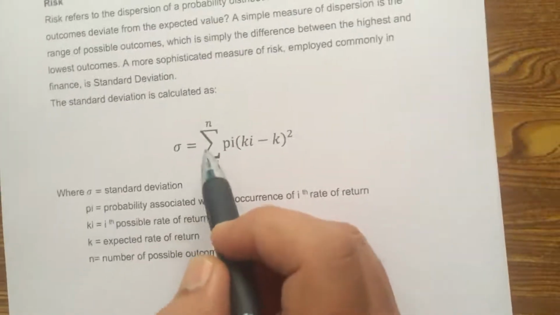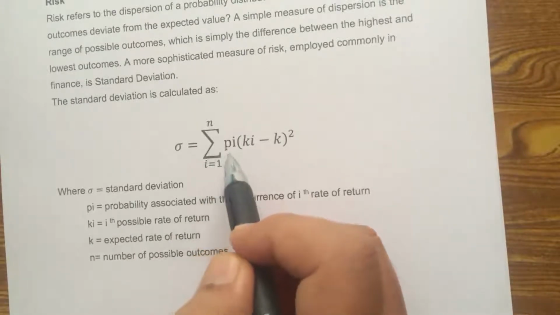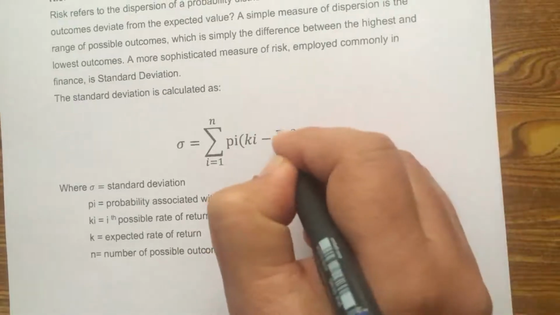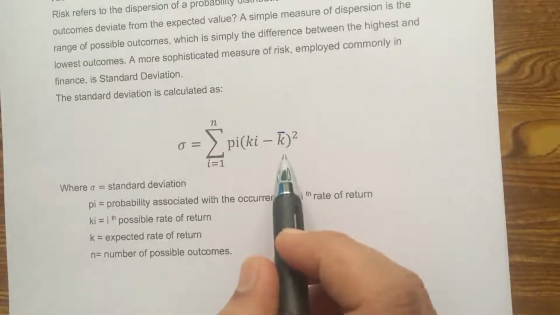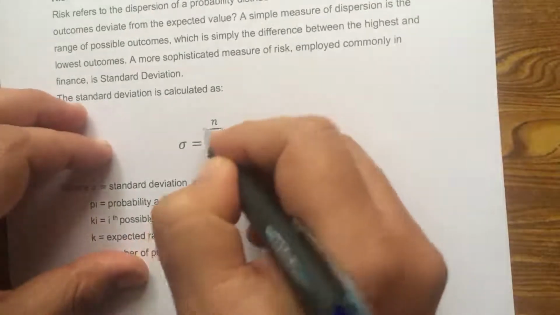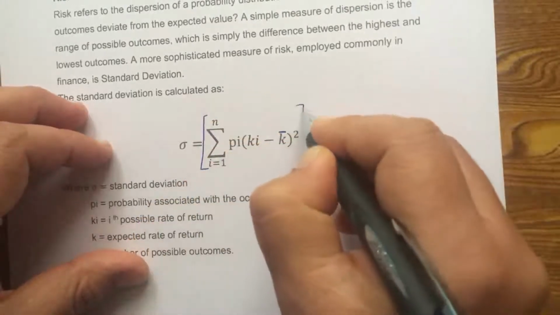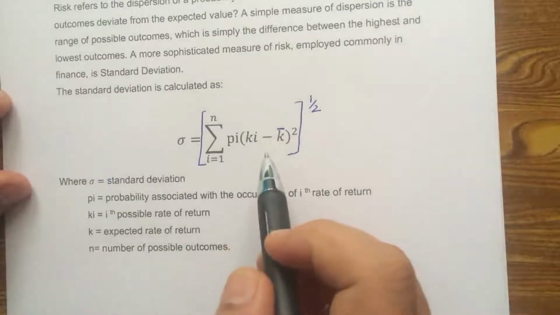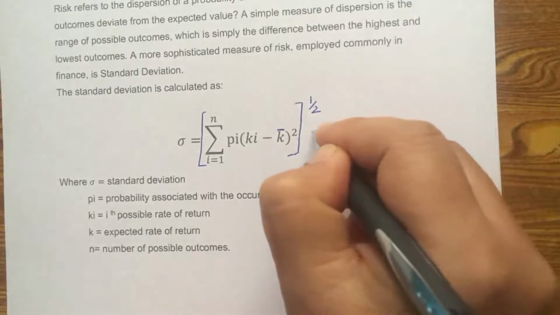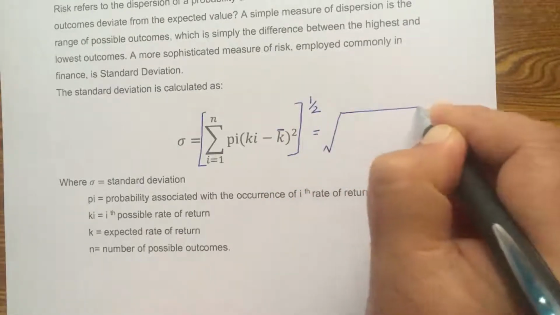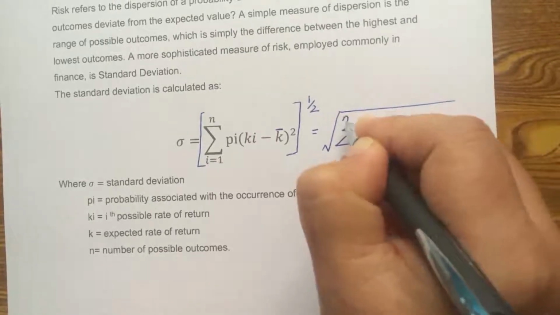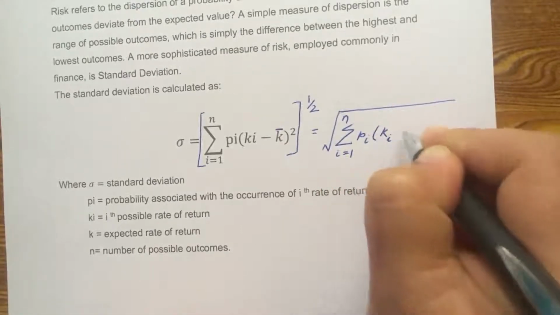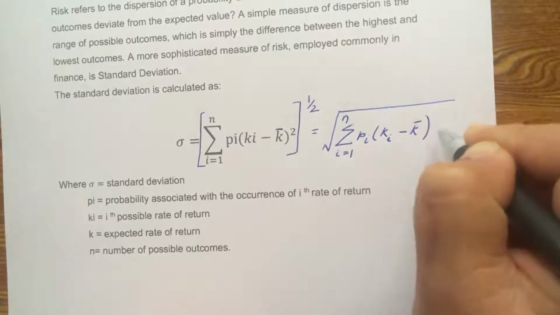All right. Now how do you find out standard deviation? Standard deviation is equal to summation of Pi into (Ki minus K bar) to the power 2, and the whole thing to the power half, 1 by 2, which is nothing but the square root of summation i is equal to 1 to n of Pi into (Ki minus K bar) to the power 2.